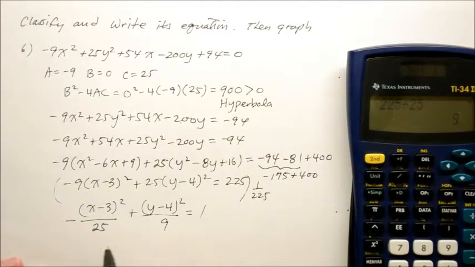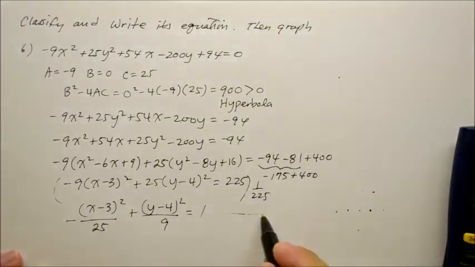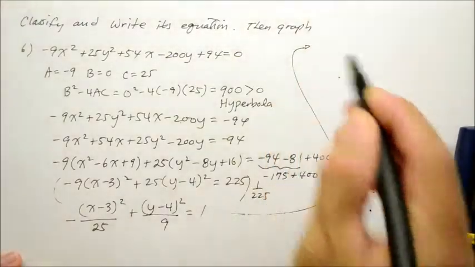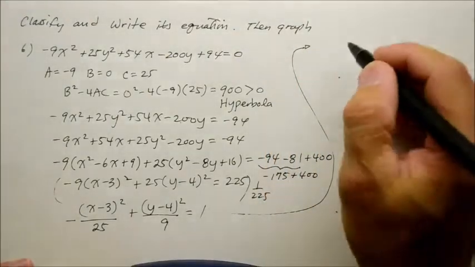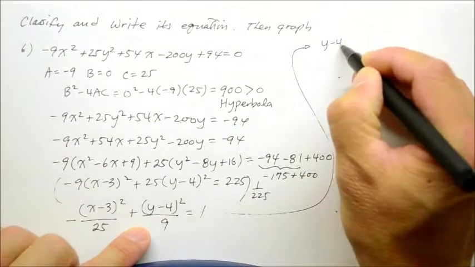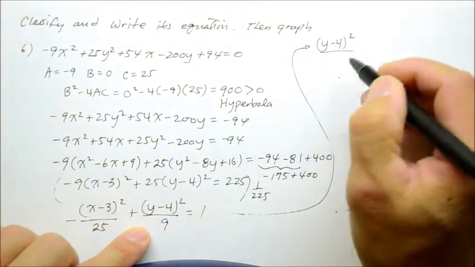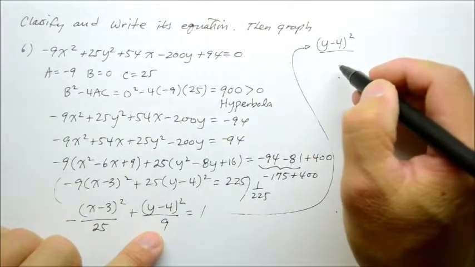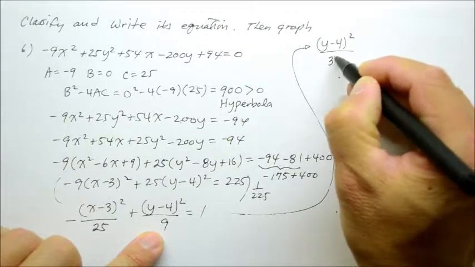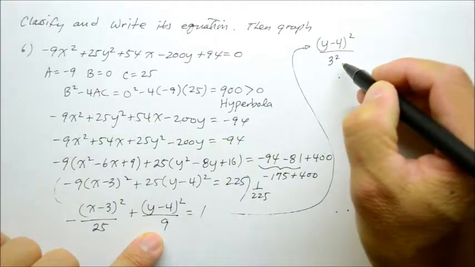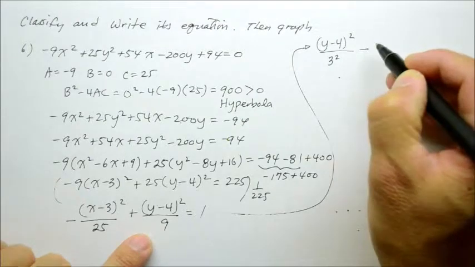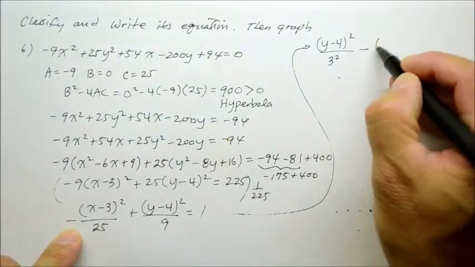What we will end up with is (y minus 4) squared over, and in fact, since we're here, let's make this into a square form, 3 squared, minus, there we go.